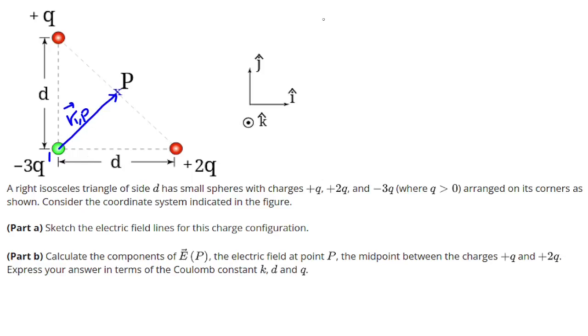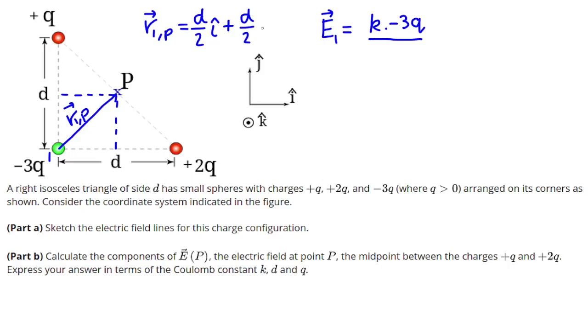And the electric field due to charge 1 is Coulomb's constant by the charge on the squared distance from this charge to the point. So we see the radial vector has an x component of d on 2 and a y component of d on 2. So the squared magnitude is d squared on 4 plus d squared on 4, or d squared on 2.